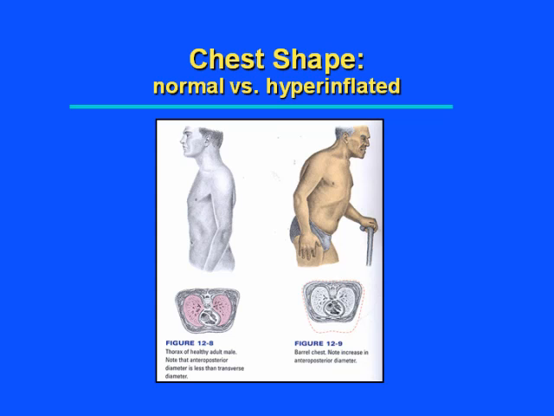And while we're still talking about hyperinflation, I'll mention that the person has to have very severe COPD and significant hyperinflation before you find it on exam. So you would not want to say, oh, I don't think the patient has COPD because I don't detect hyperinflation. Instead, as we go along, you'll learn that pulmonary function testing is much more sensitive and is the appropriate way to make the definitive diagnosis.